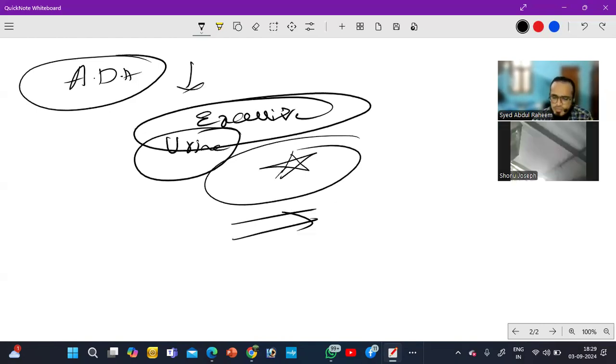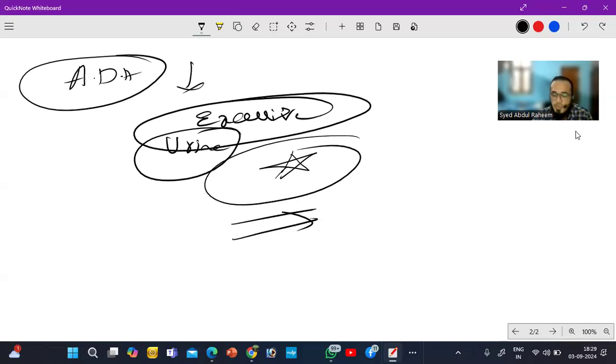There are numerous reasons. Some are unknown. Some are due to a problem of the pituitary gland, like pituitary carcinoma, pituitary tumor, or any infection in the pituitary gland, which leads to a decrease of ADH hormone. In some cases it is infection, like typhoid, syphilis, or influenza virus.